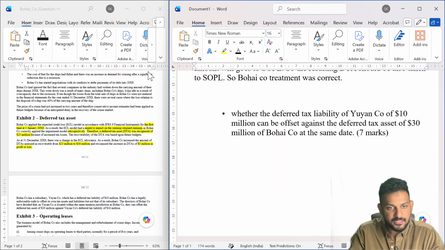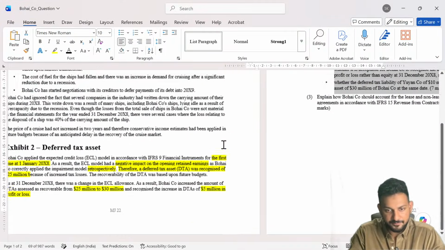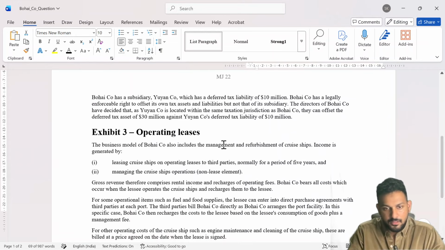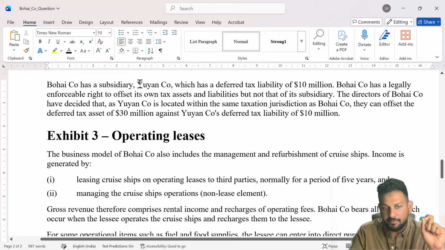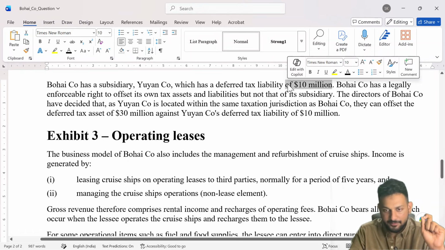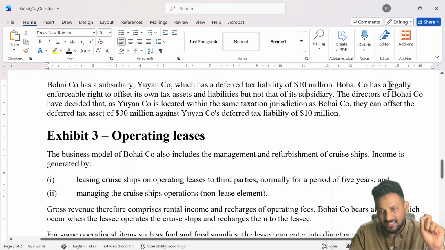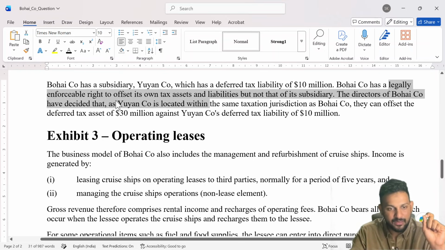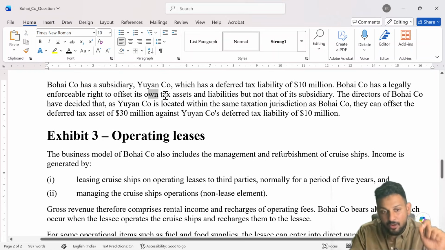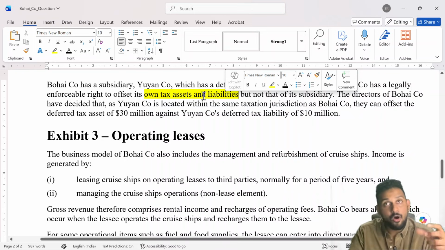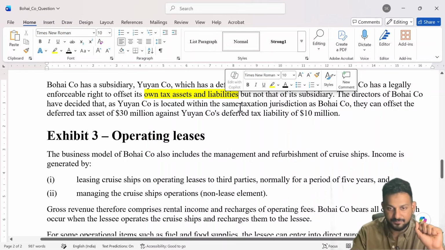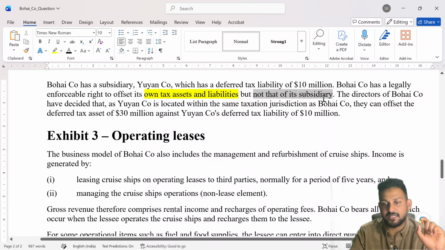Okay. Let's read the information. So Bohai company has a subsidiary, Yuan company. Yuan company is a subsidiary which had a deferred tax liability of 10 million. And Bohai company has a legally enforceable right to offset its own assets and liabilities. So they can offset Bohai company's assets and liabilities, but not with the subsidiary.